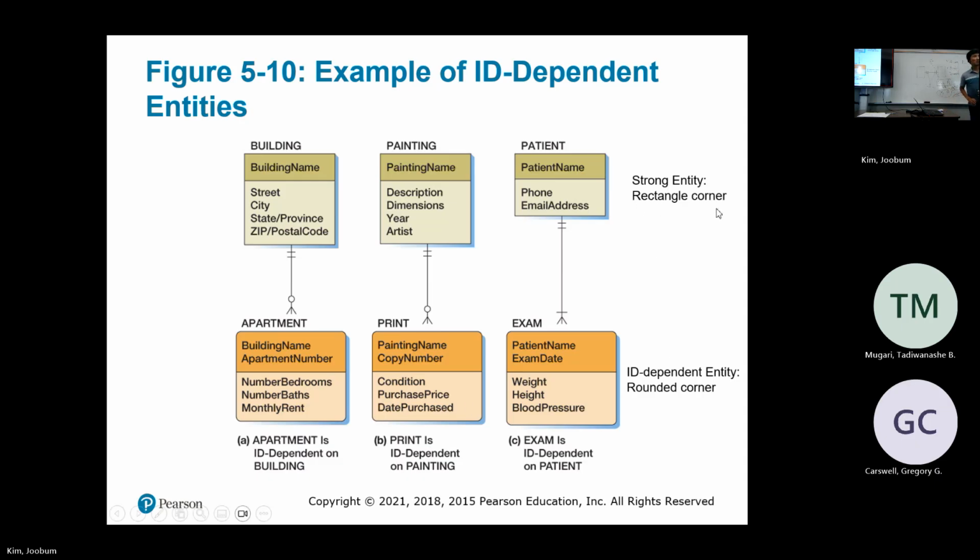What is that? Rectangle corner, which means this is a parent. This is a strong entity. But ID dependent entity, what? Rounded corner. So when you take a look at the ER diagram, this is a rounded rectangle. This is an ID dependent entity. It is dependent on some strong entity. You can guess. Okay.